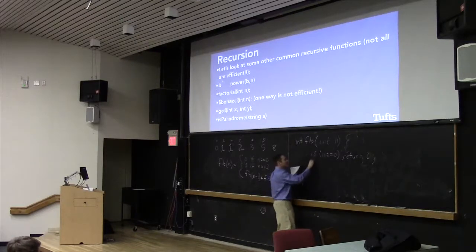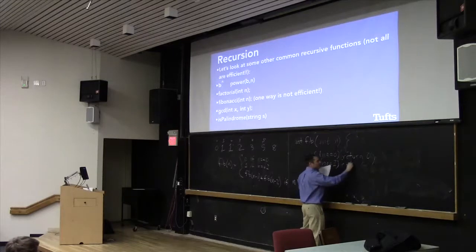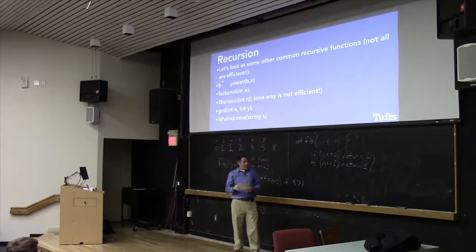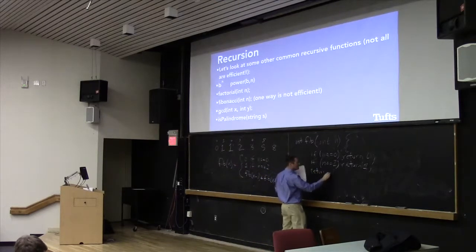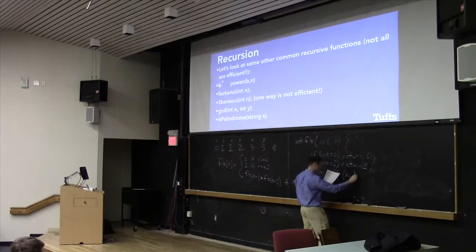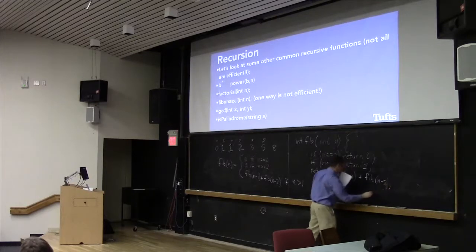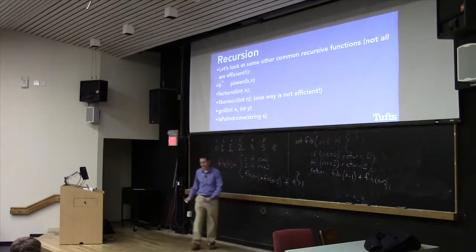If n equals 1, return 1. Otherwise, we're going to return Fibonacci of n minus 1 plus Fibonacci n minus 2. And we are done.